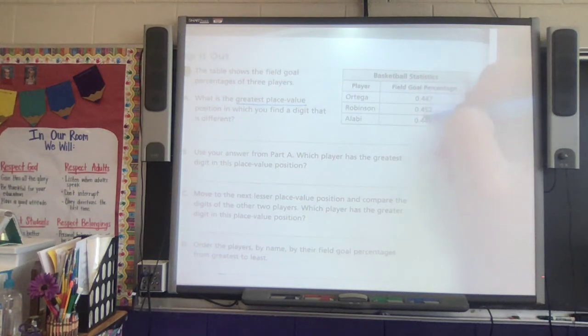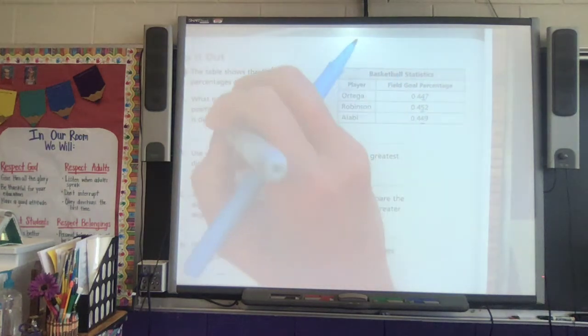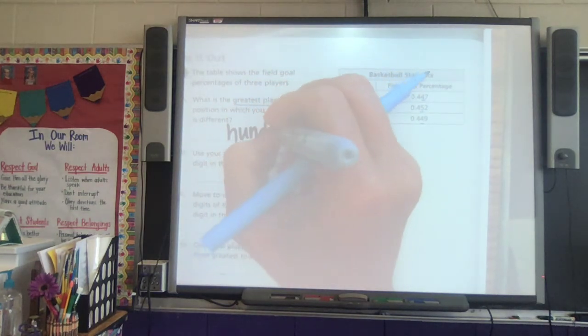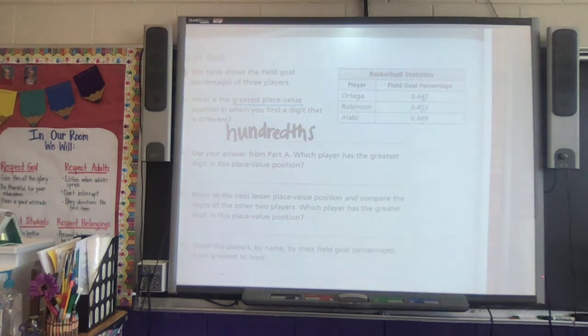Their tenths are all 4. But their hundredths, we have a 4, a 5, and a 4. So in our hundredths place is where we see that difference. We always start with our greatest value and work our way smaller.